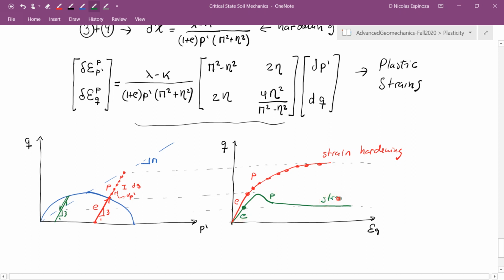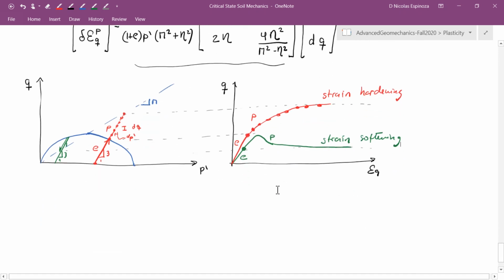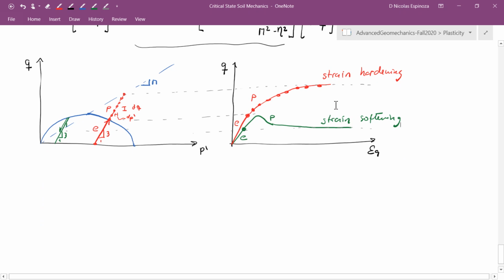And this is going to be strain softening.